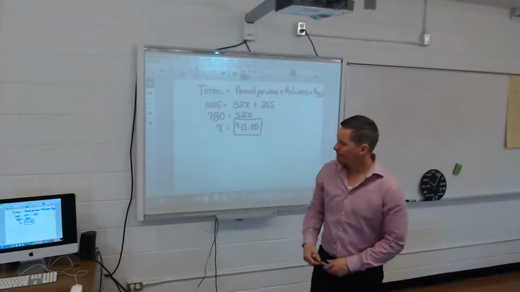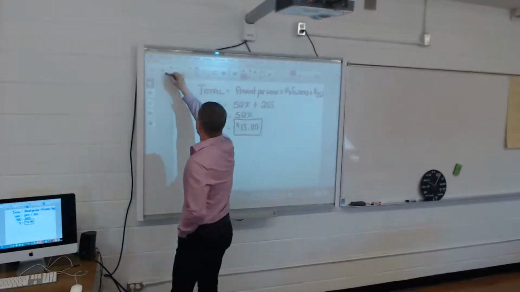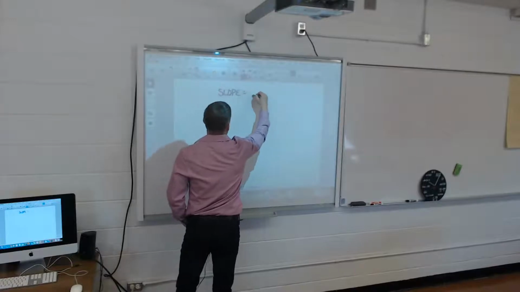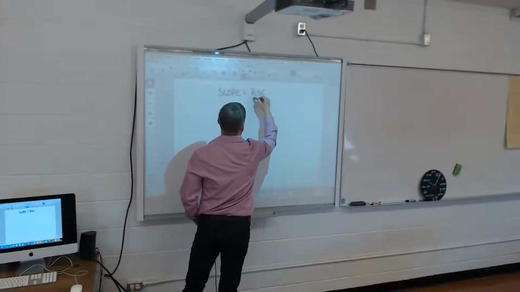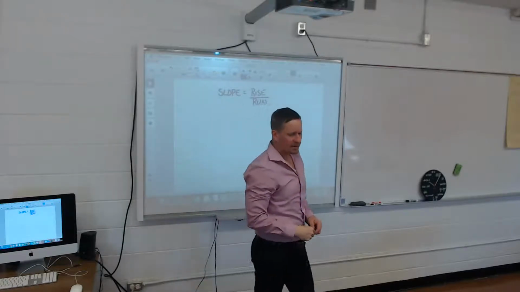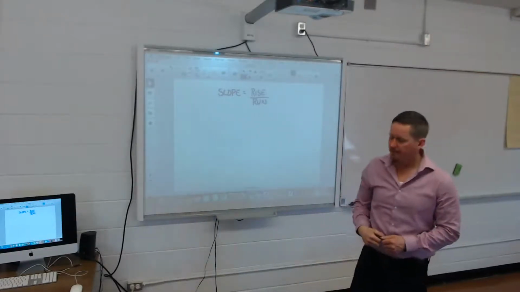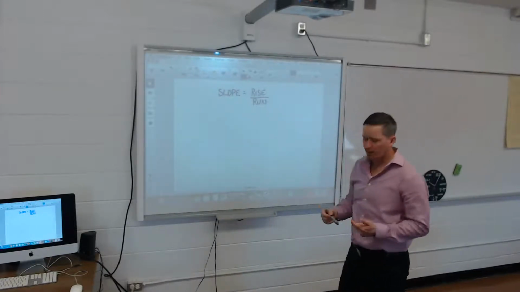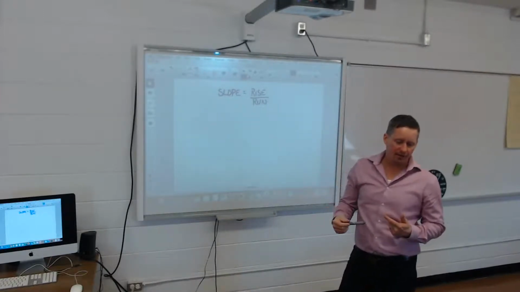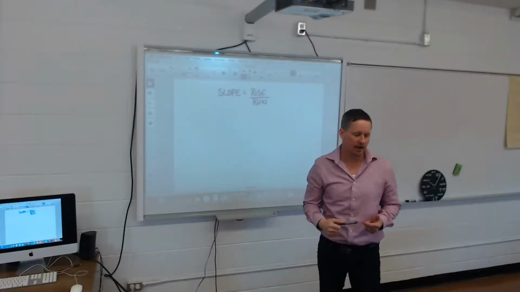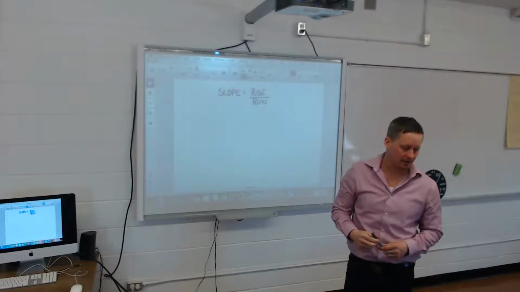Okay, so my slope is my rise over my run, right? Now this is similar to the question I answered yesterday. So how do I show 32% as a fraction?